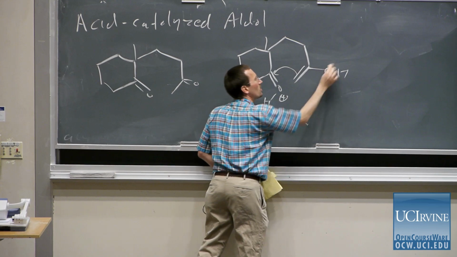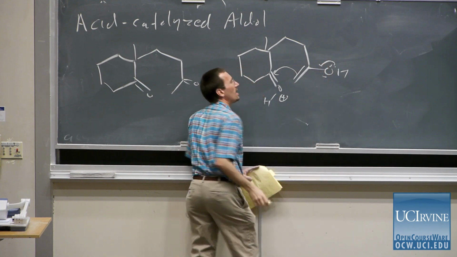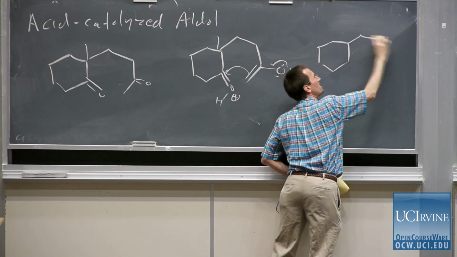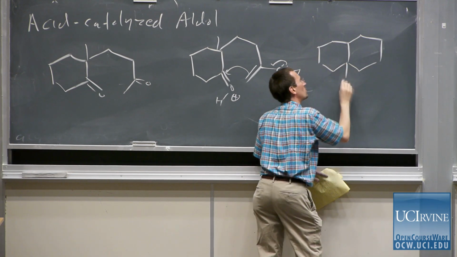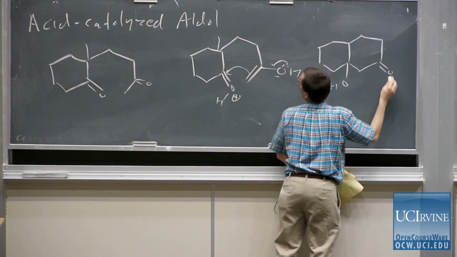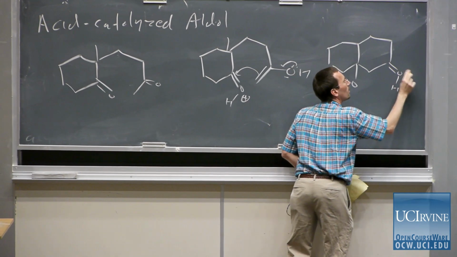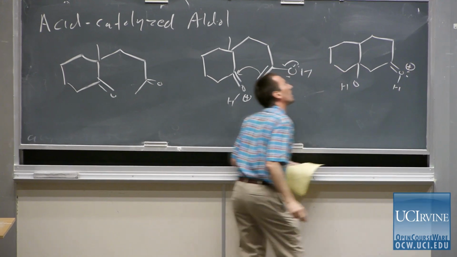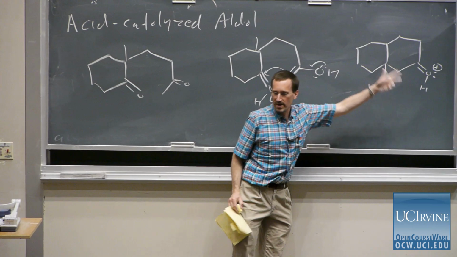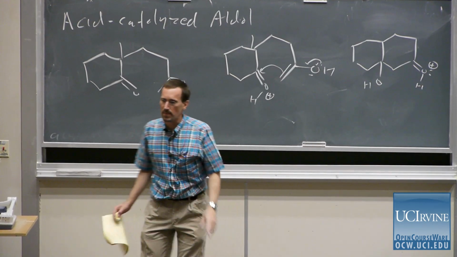So again, we're going to push electrons like so in the acid-catalyzed manifold. And again, I'm not writing out a super detailed mechanism. I'm just sort of sketching things out for you. All right, and then of course you pull off a proton, right? You're in acid, you're in sulfuric acid and benzene.